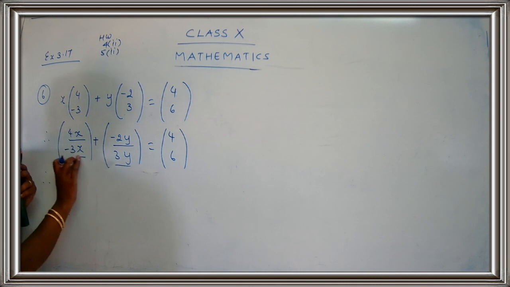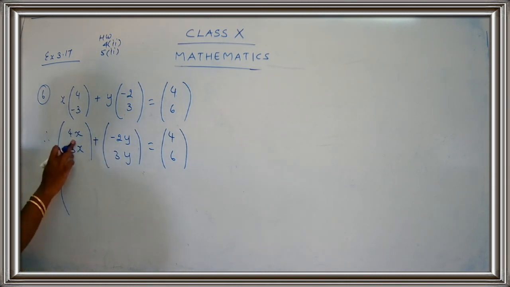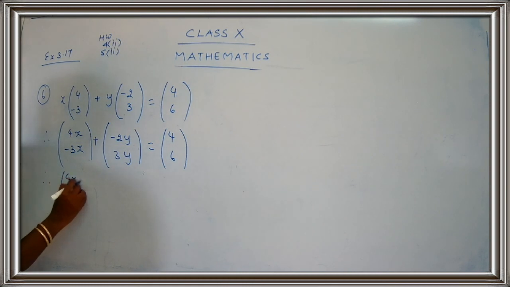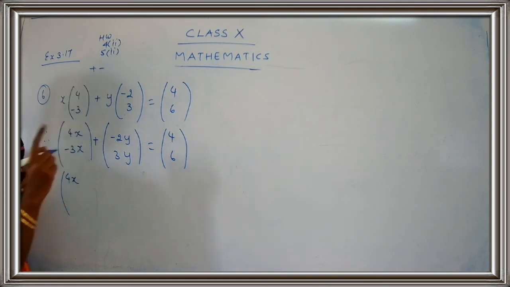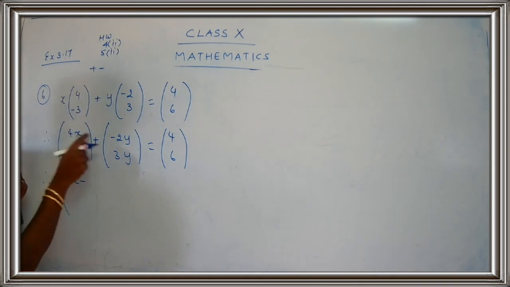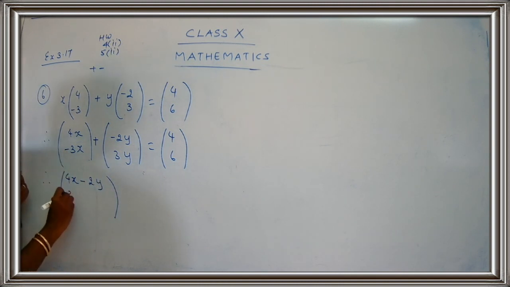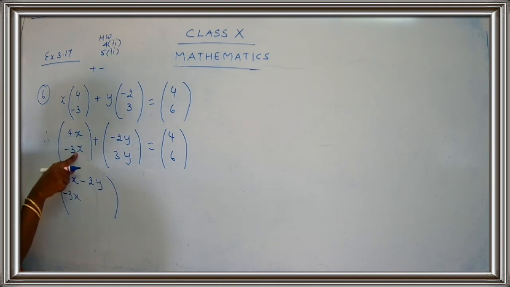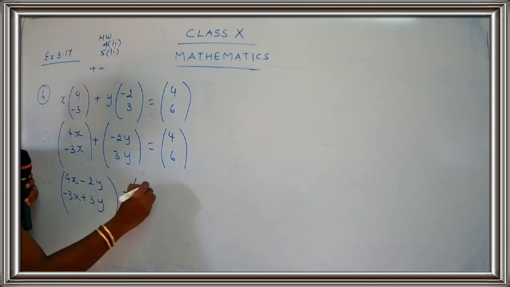So let us do the addition here. So 4x plus minus. What is the plus minus sign? Plus minus is minus. We have already studied. Plus minus is minus. So 4x minus 2y, minus 3x plus 3y, is equal to 4, 6.